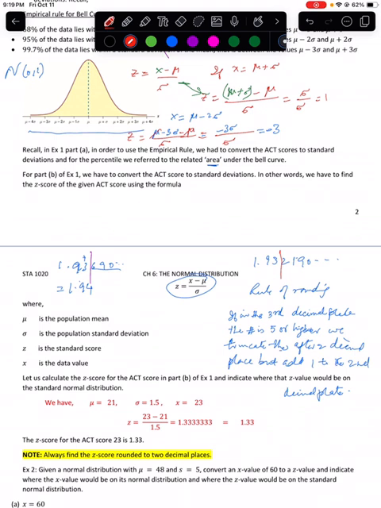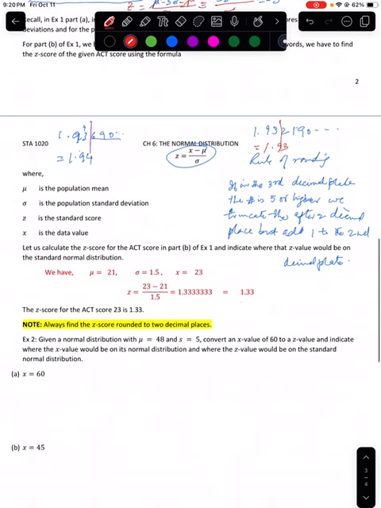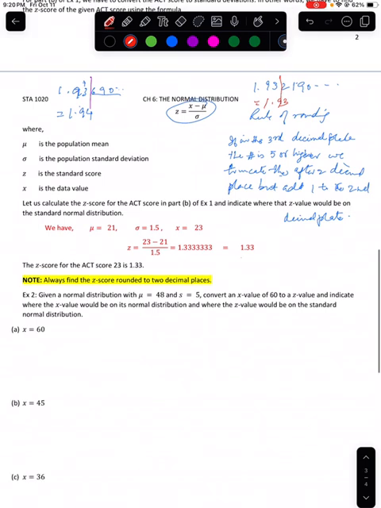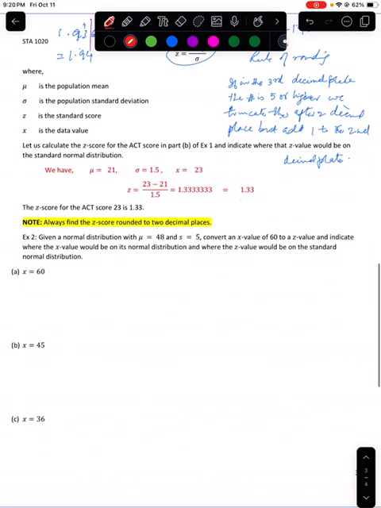So this is important: you always find the z-score rounded to 2 decimal places. The reason, as you will note in the next section, is that the table from which we find the related areas has only 2 decimal places for the value of z.